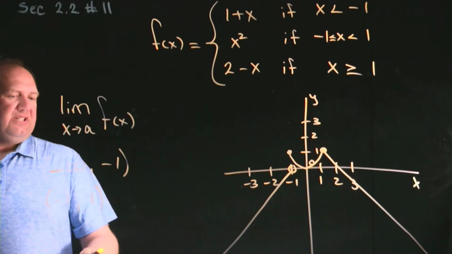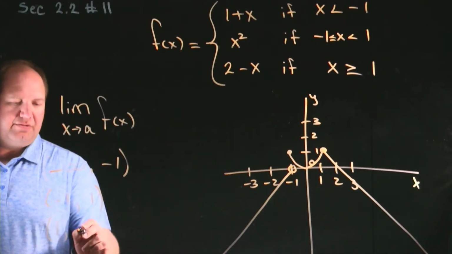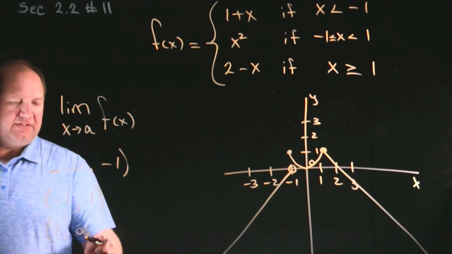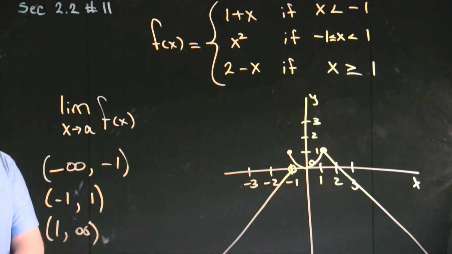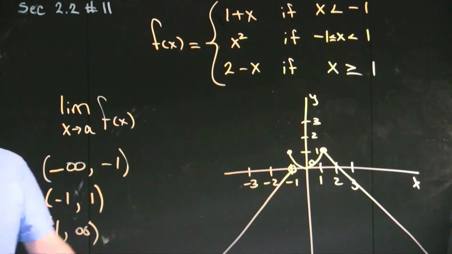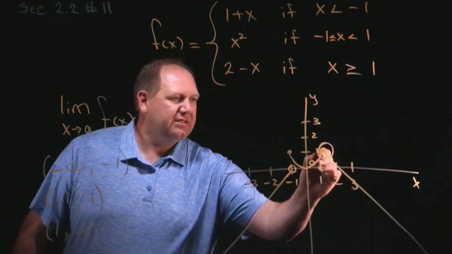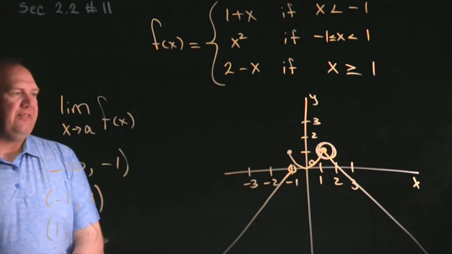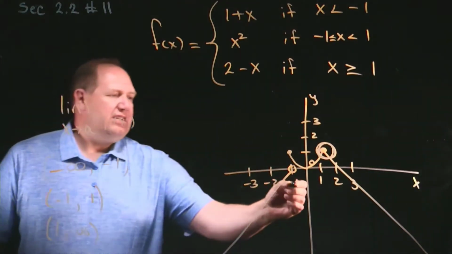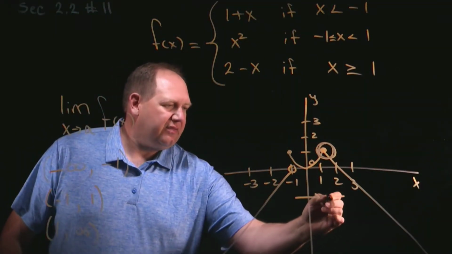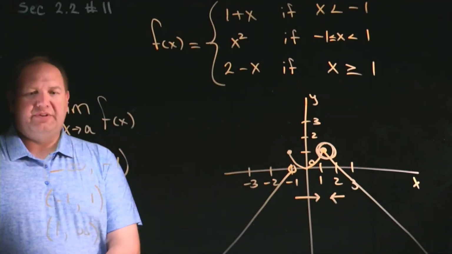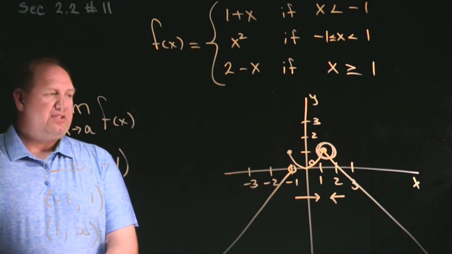But also we see that including 1 through +infinity, the limit would exist. So those are the three places that we can see. And the question then, what about what happens exactly at 1? So right at this spot, exactly at 1, what should we have? Well, since the limit from this side and the limit from the other side, both of those limits would exist, then the limit exists there.